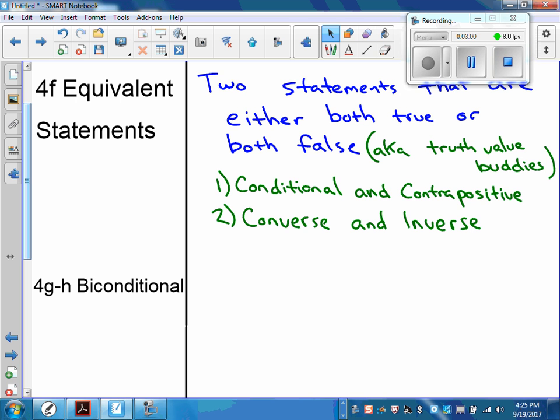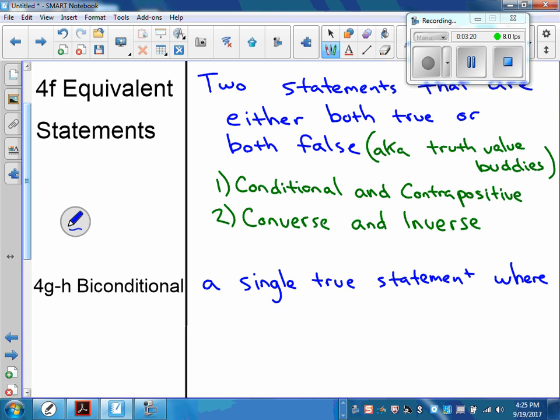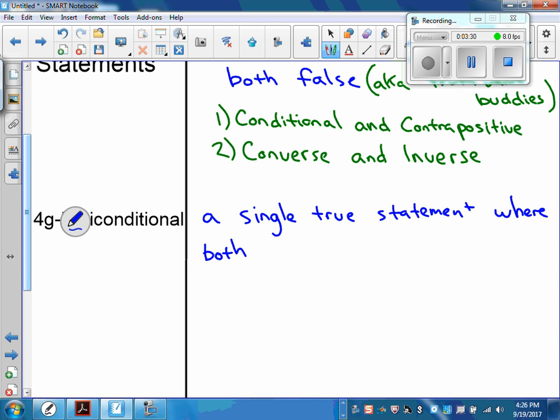A biconditional is a single true statement where both if P then Q is true, and if the biconditional is true, then it also implies that if Q then P is true also.